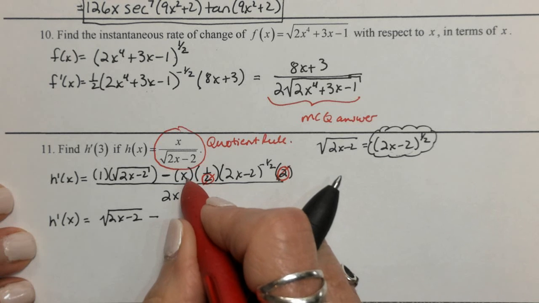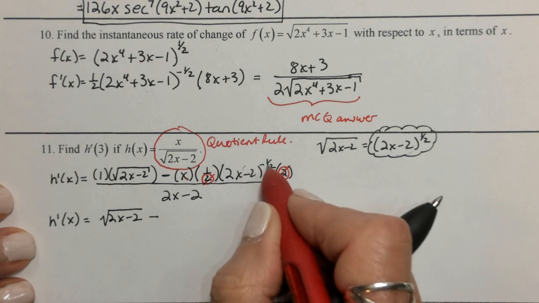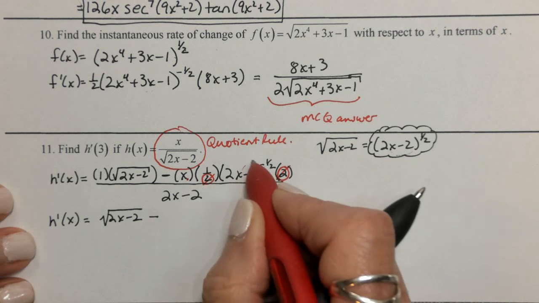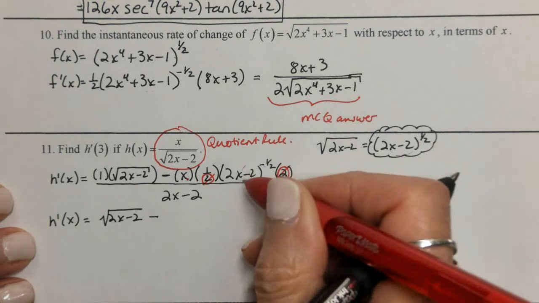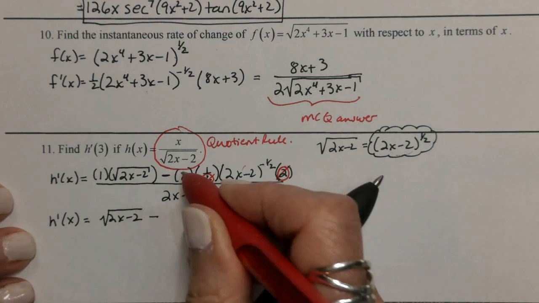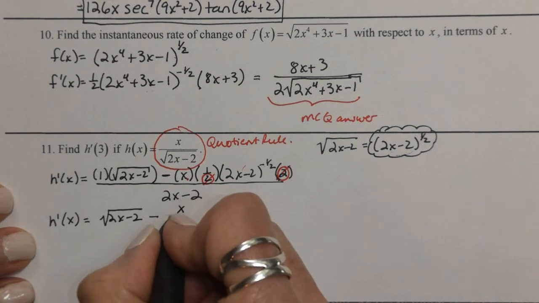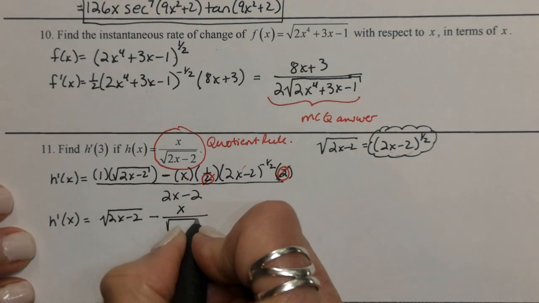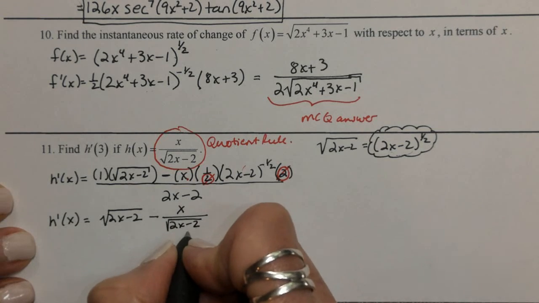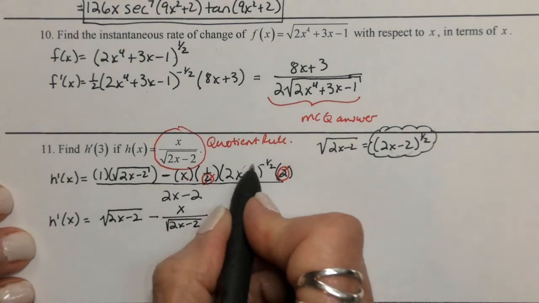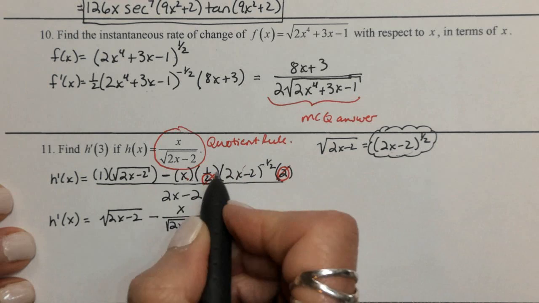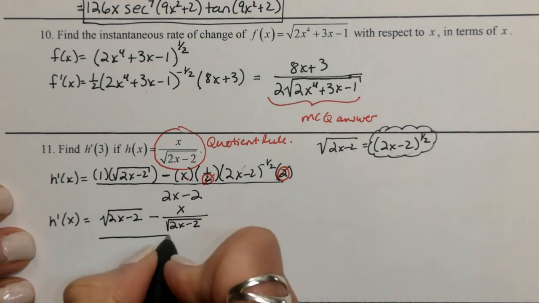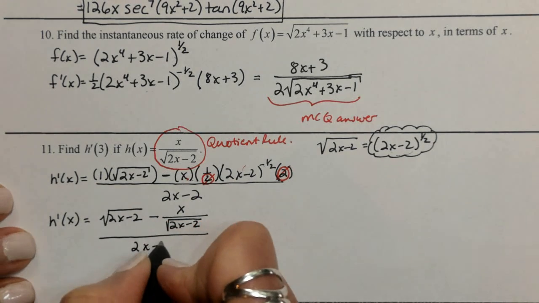This x is just x, but this has a negative exponent. So I'm going to write this as a square root and put it on the bottom of this x right here. So I'm going to have x over a square root of 2x minus 2. That takes care of that part of the numerator, but I'm still dividing by 2x minus 2.